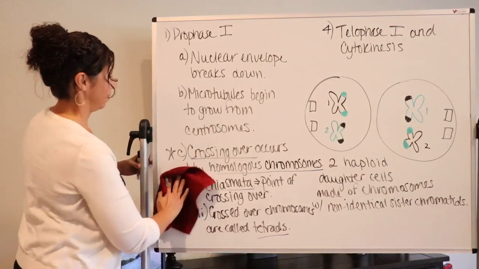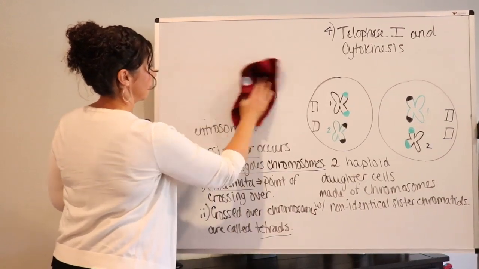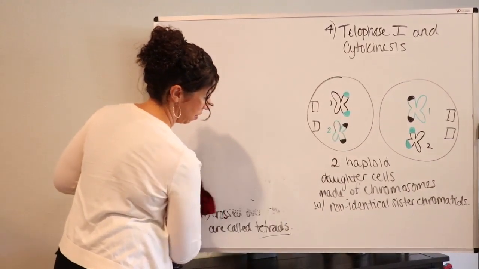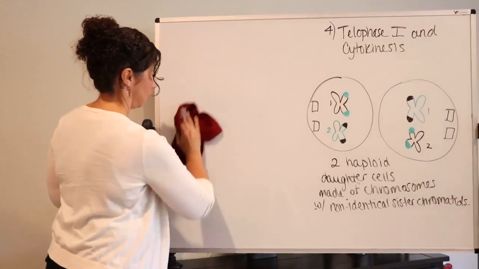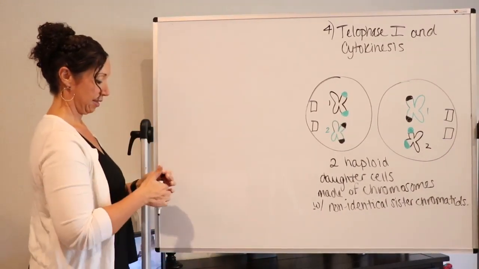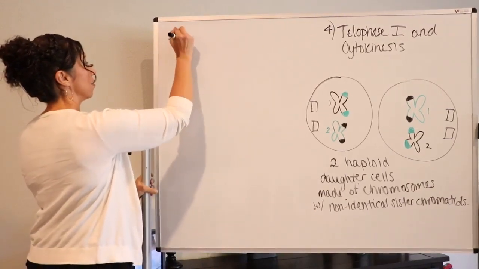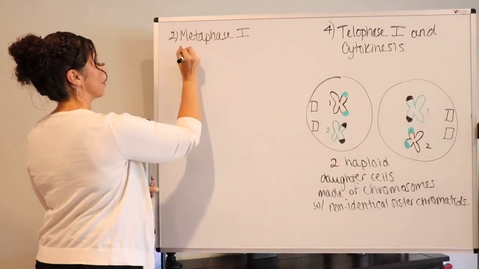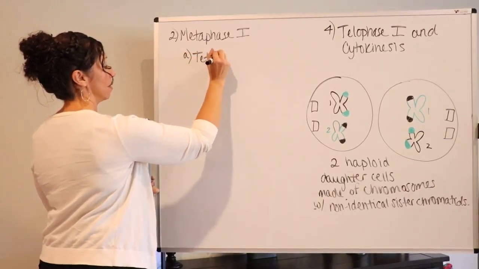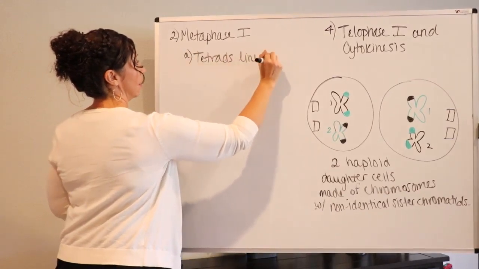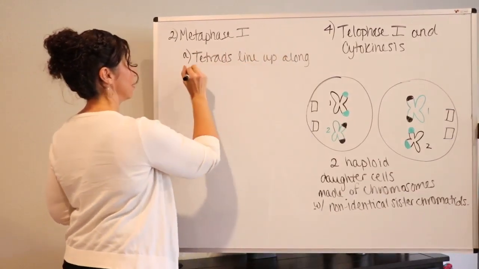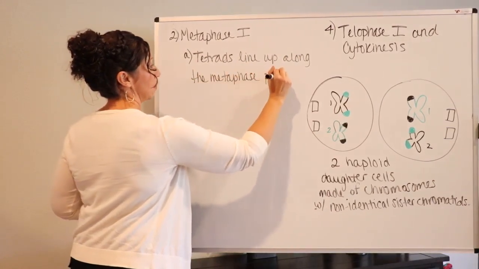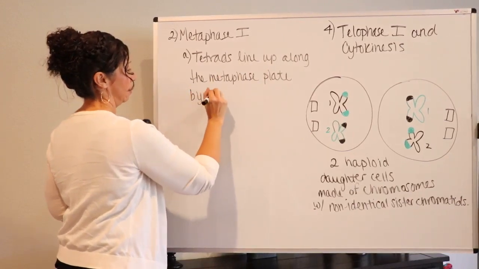Let's describe metaphase 1. In metaphase 1, the tetrads line up along the metaphase plate by their chiasmata.